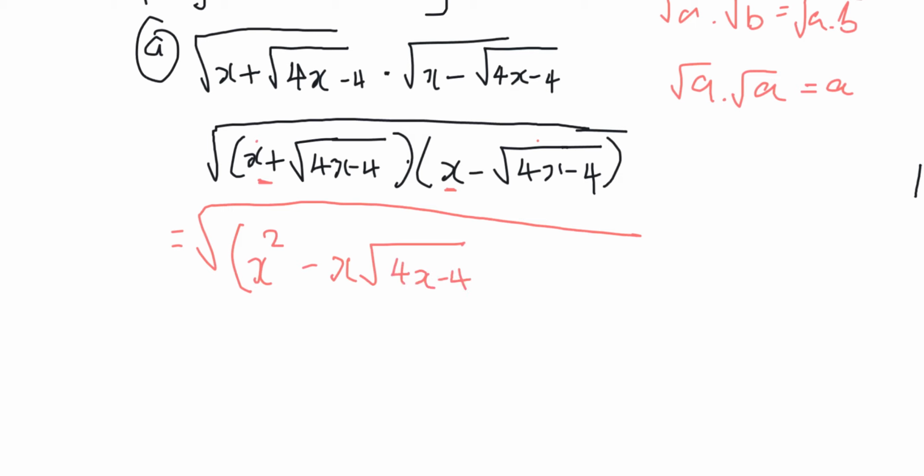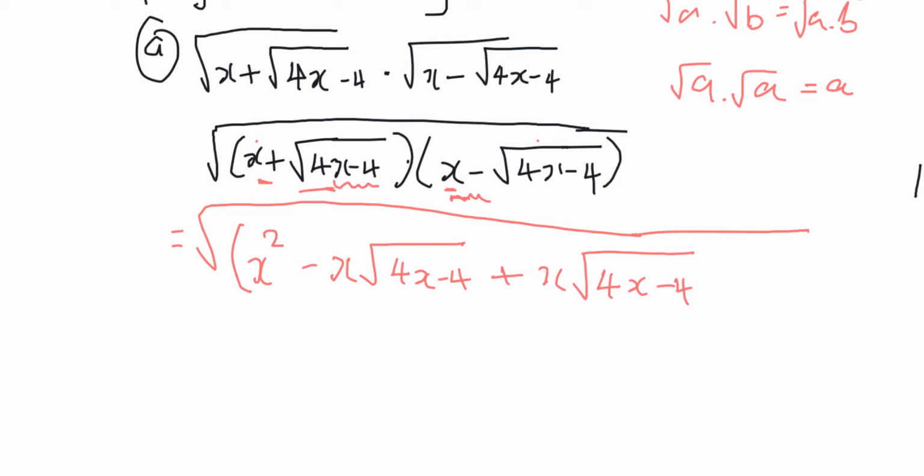And if you multiply the first one with this one, you're going to get plus x into root 4x subtract 4. Extend our line.